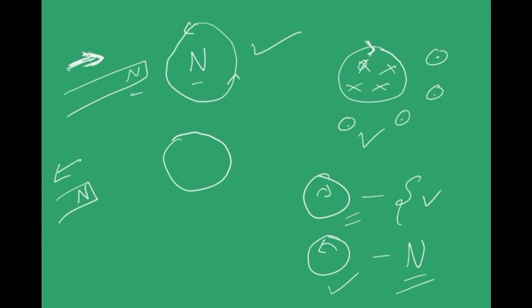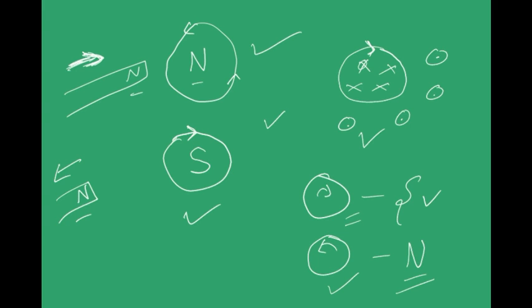So if this circular loop should attract this north pole, when will it happen? If this face acts as south pole. That's it. You know that when the current is in clockwise direction, that face acts as south pole. Hence, here you got the direction as clockwise.